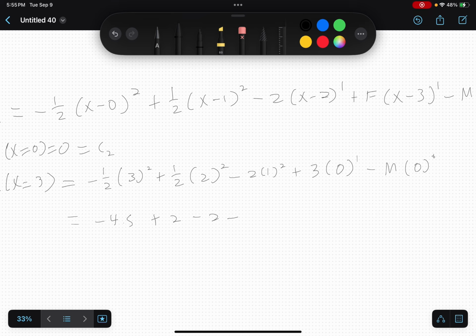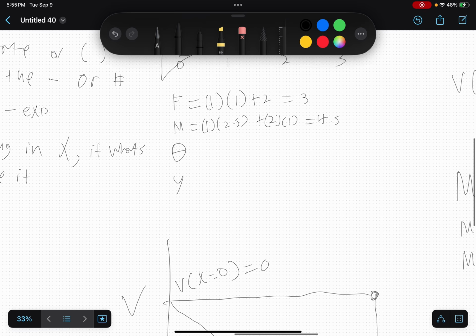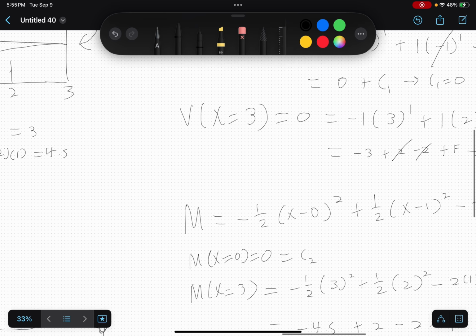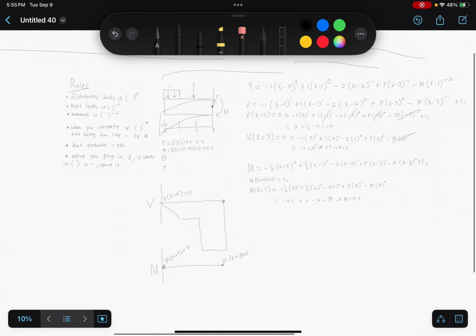And then we just have a minus m. So then we get m equals 4.5, which is exactly what we got up here. Cool beans, so that all checks out.